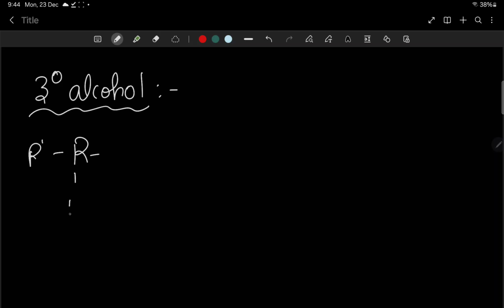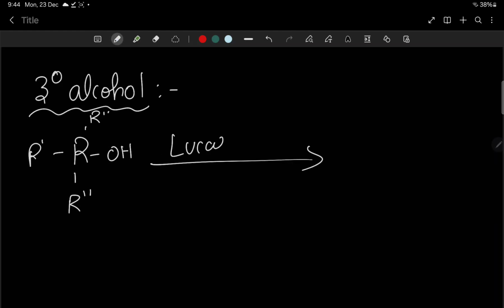First we are using a tertiary alcohol with this Lucas reagent. So a tertiary alcohol, R', R'', R''', and the OH. A tertiary alcohol plus HCl plus, I'll just write Lucas reagent. You know what is Lucas reagent, right? If I'm writing everything, it's Lucas reagent.